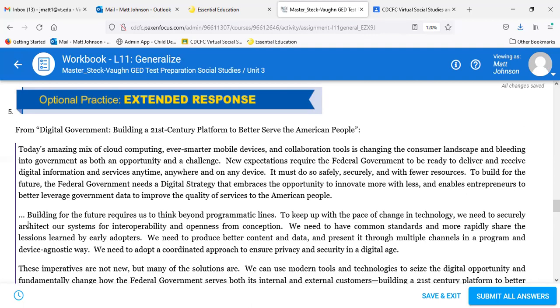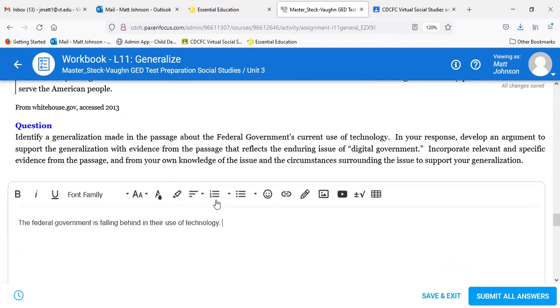This is going to work across all devices, right? That's a weird way to put it, but that's what it's saying there. And we need to adopt a coordinated approach to ensure privacy and security in a digital age. So the federal government is falling behind in their use of technology.